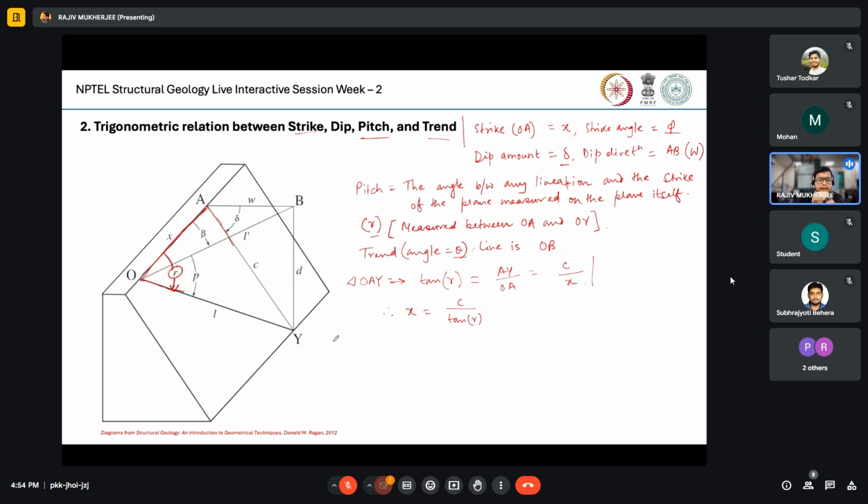Now again for triangle OAB, we see that we have x, w and l prime, right?